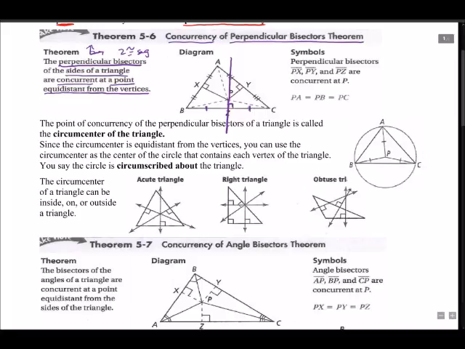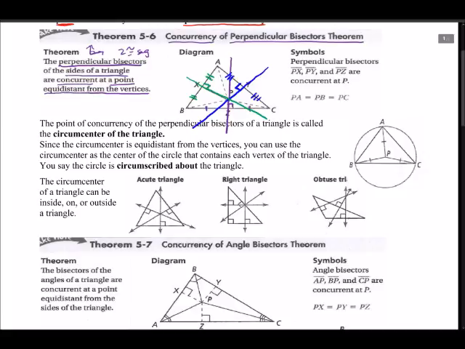And we are going to draw the perpendicular bisector. Notice that we have bisected the side and it's perpendicular. That is the perpendicular bisector of that side. And let's do our third side here. We draw the perpendicular bisector. It bisects and it's perpendicular.